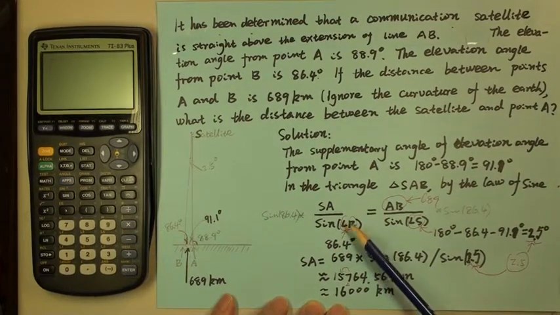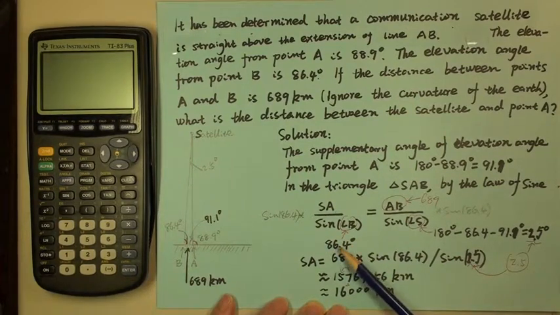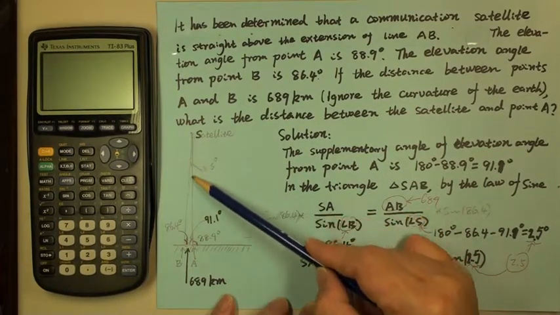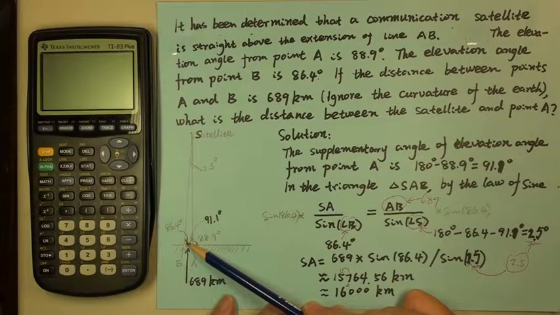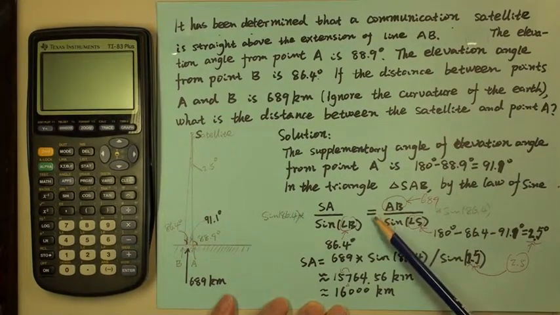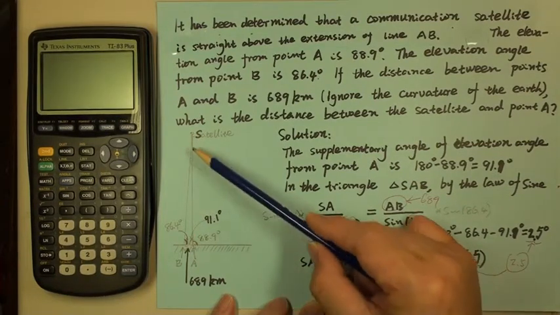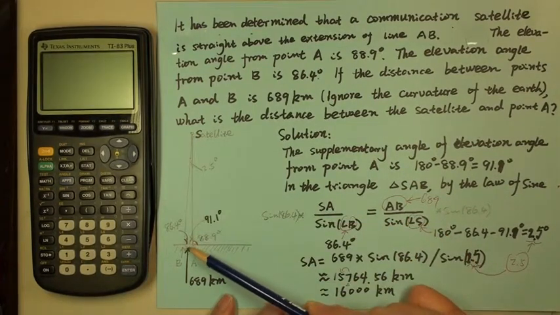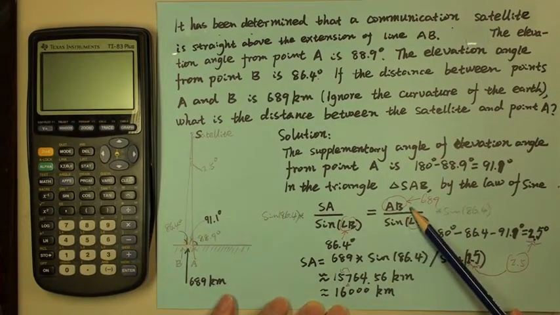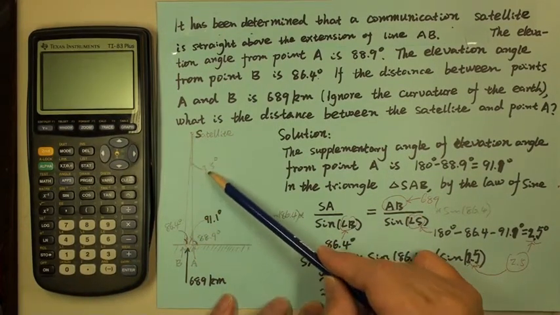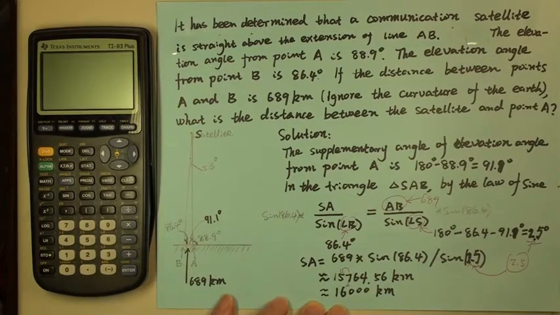This stands for angle B. Angle B is this, 86.4. So side over sine 86.4 equals side AB over sine 2.5 degrees. This one stands for angle S.